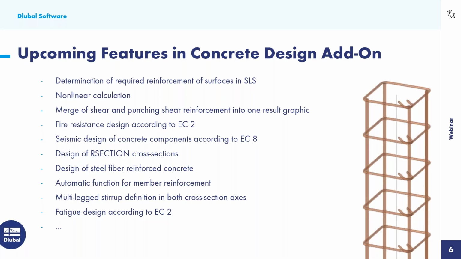Then we are developing an interface between our section program and RFEM 6, also to have the option to reinforce general massive cross-sections in our section program, not just in terms of longitudinal reinforcement, but also regarding stirrups. So in future you will be able to create free-form stirrups in our section program and then import this cross-section to RFEM 6 and do the design check in RFEM 6.